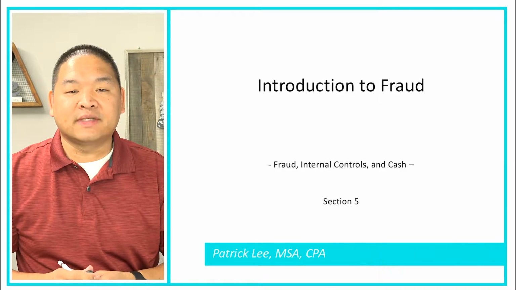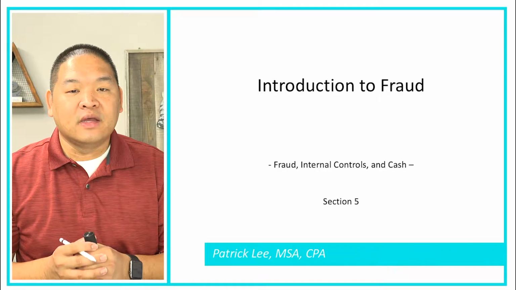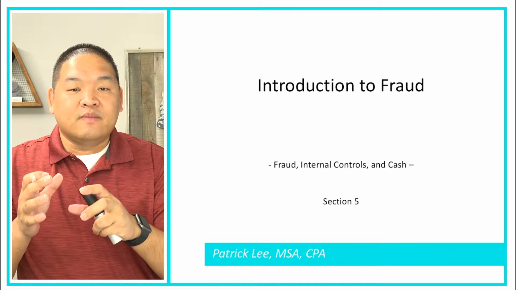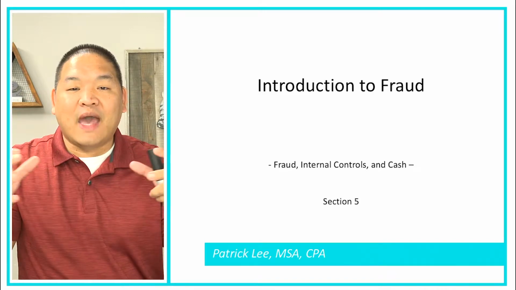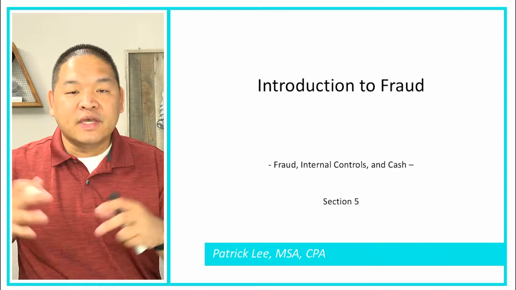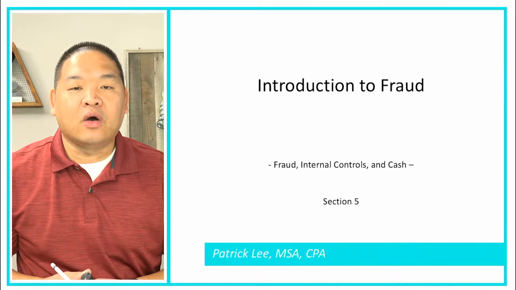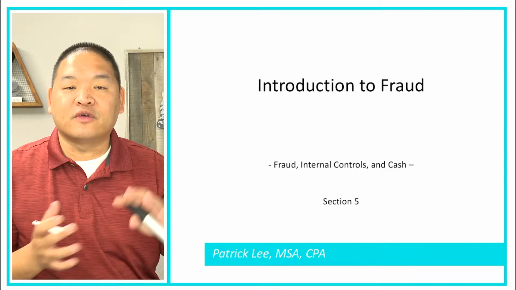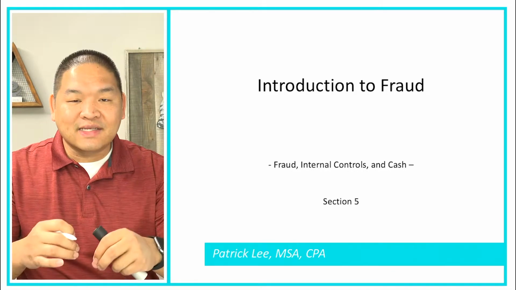A lot of these topics in the rest of the sections in this course are topics we've maybe talked about or discussed, but we'll be expanding your knowledge about them. For instance, we've talked about cash a bit. This section, we're going to expand your understanding of cash. So that's how this is going to be different from the first 4 sections that we've already gone through. So let's get to this lesson.